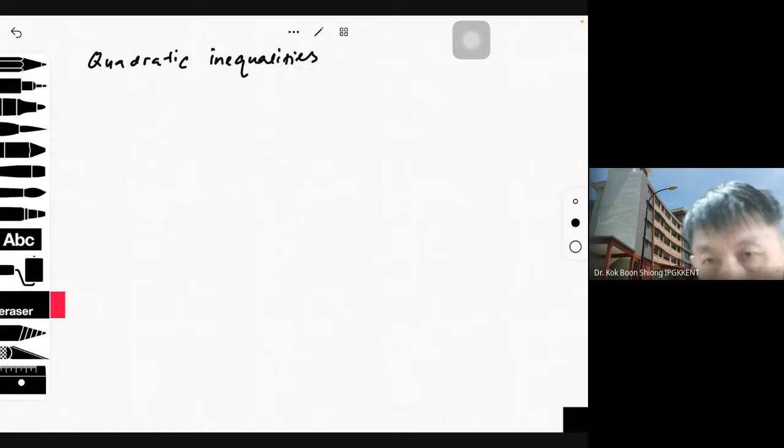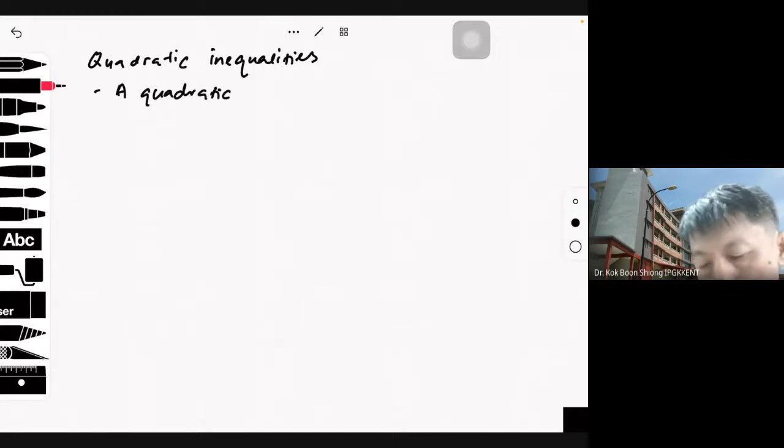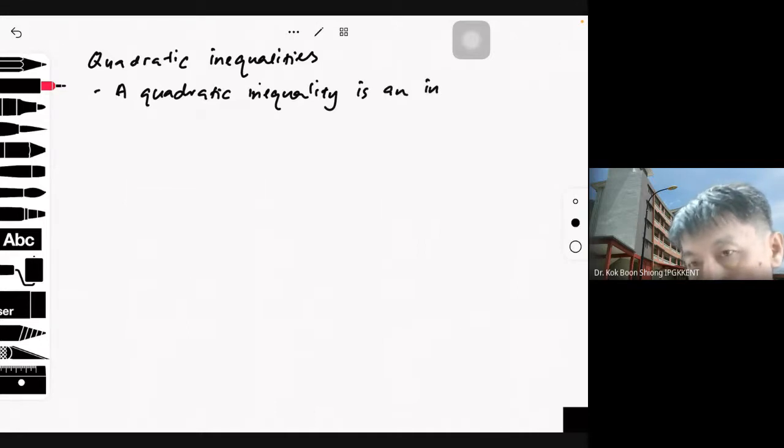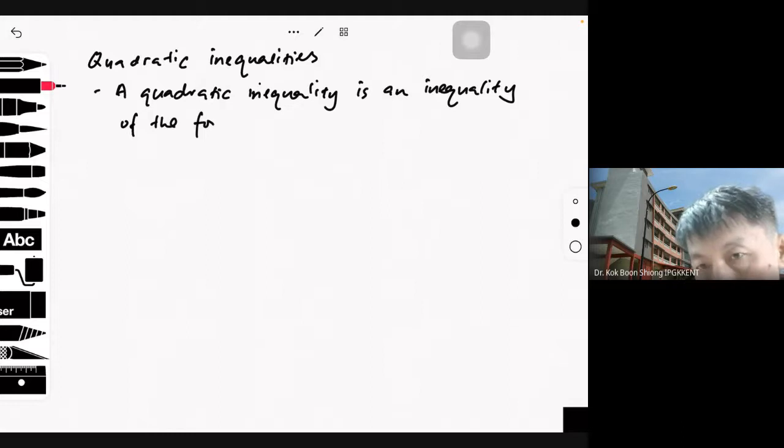I usually define first: a quadratic inequality is an inequality of the form ax squared plus bx plus c. The symbol here can be larger than 0, smaller, or equal, or larger or equal.